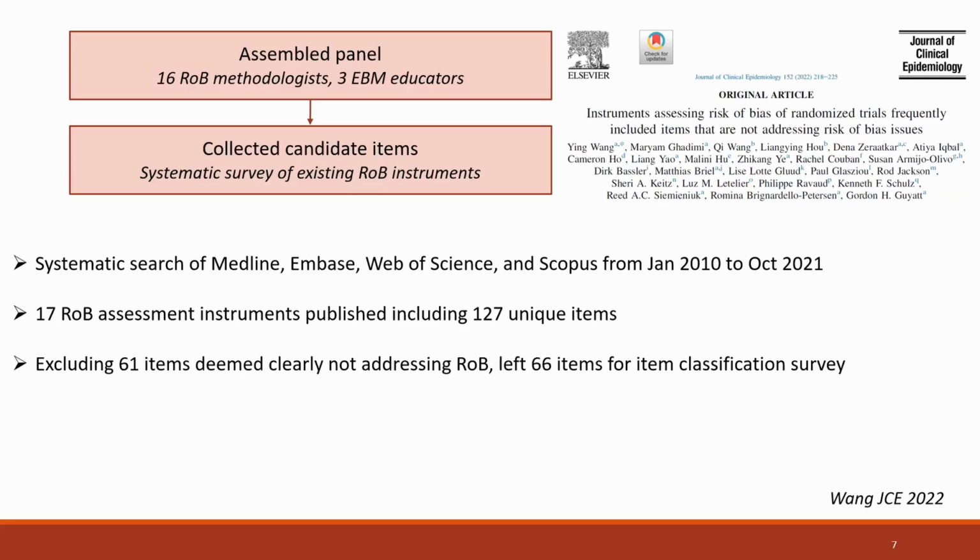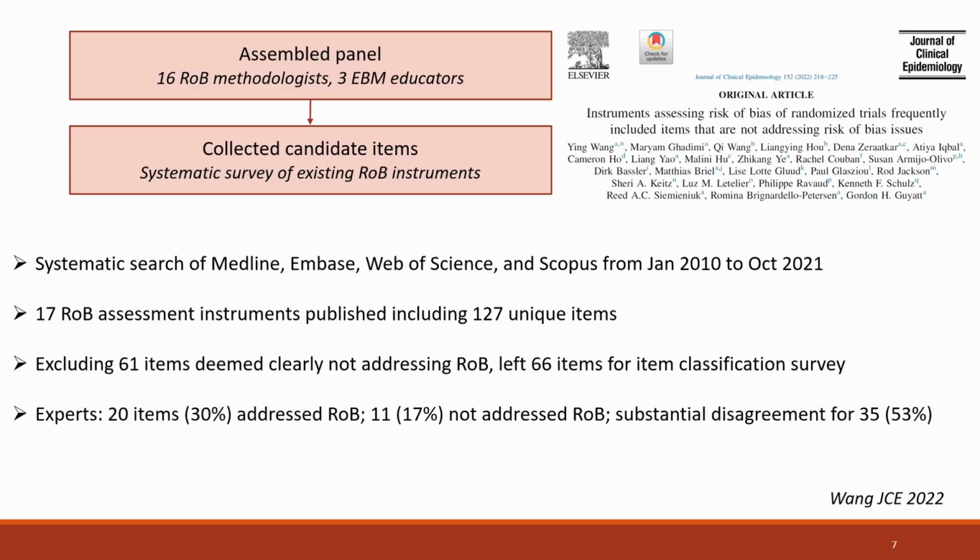So we excluded 61 items which were clearly not addressing risk of bias, leaving then 66 items for our classification survey.